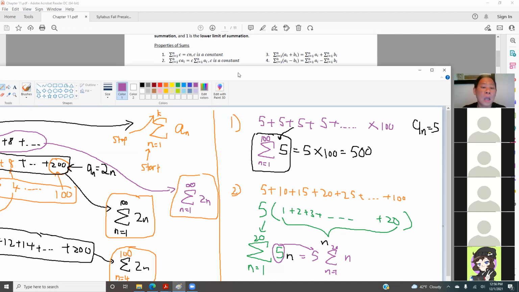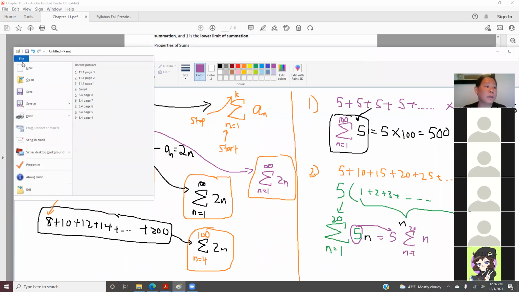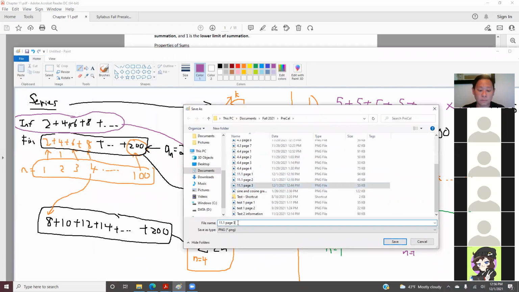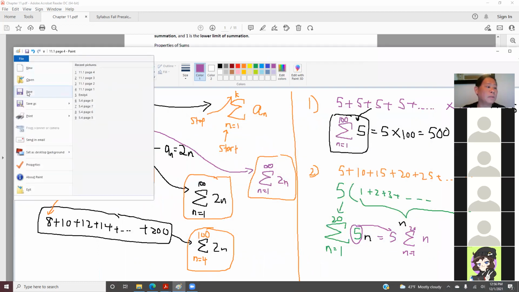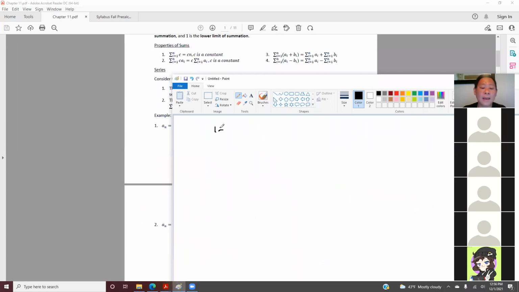Okay. The third property is when you have two sequences. For example, let's say you have two sequences. The first sequence, you add the odd ones: 1 plus 3 plus 5 plus 7 plus 9 and so on, till, I don't know, 21.